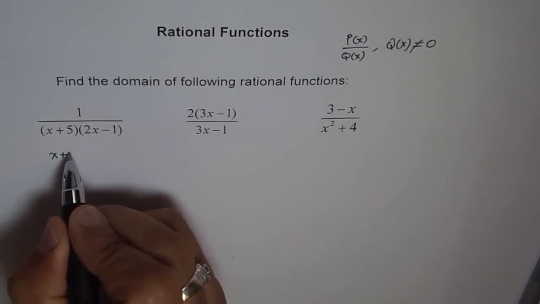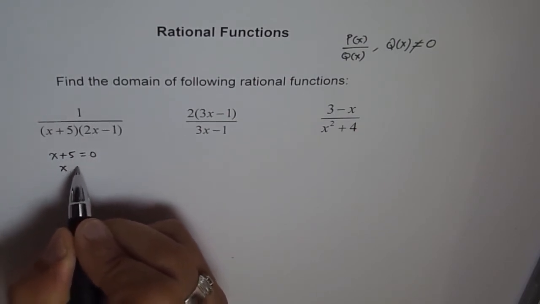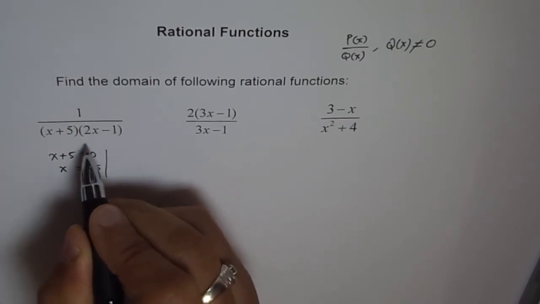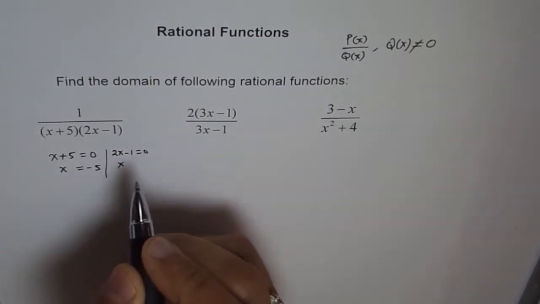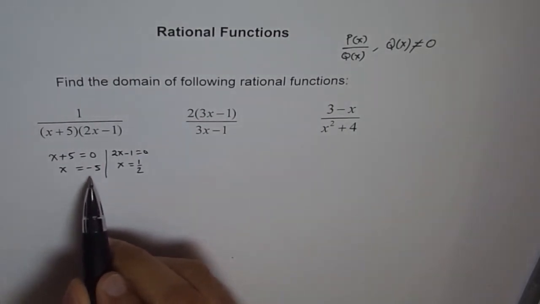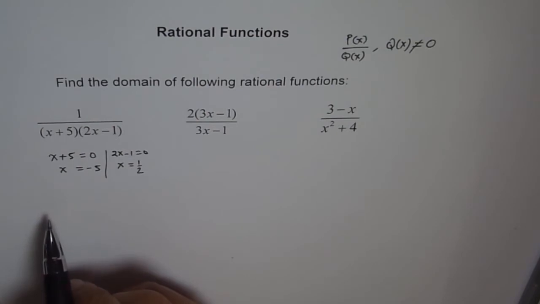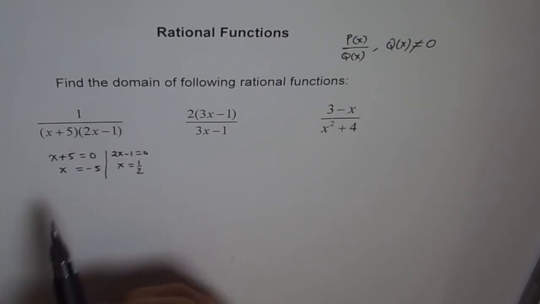So x plus 5 equals 0 means x equals minus 5, and here we have 2x minus 1, so 2x minus 1 equals 0 means x equals half. These values, minus 5 and half, will make the denominator 0, so they cannot be a part of our domain.